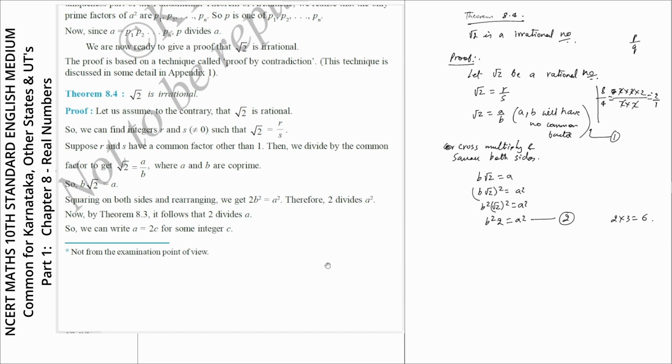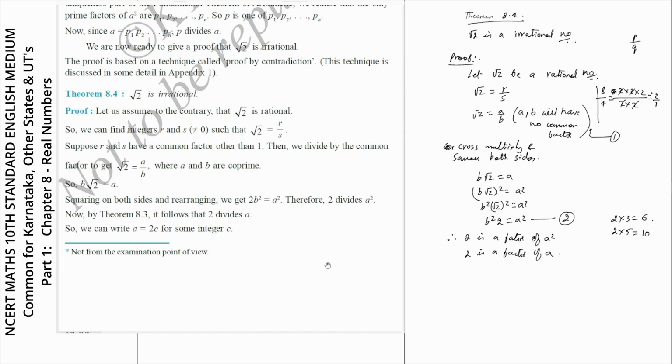If I write 2 into 5 is equal to 10, this means 2 is a factor of 10, also 5 is a factor of 10. Therefore here b square into 2 is equal to a square. That means 2 is a factor of a square. So according to theorem number 8.3, 2 is also a factor of a.